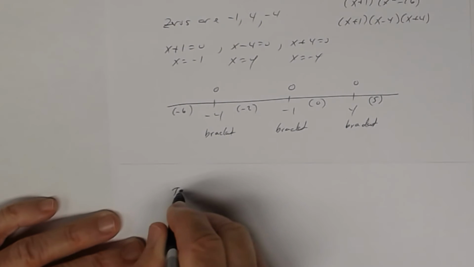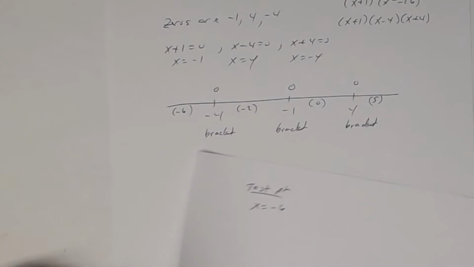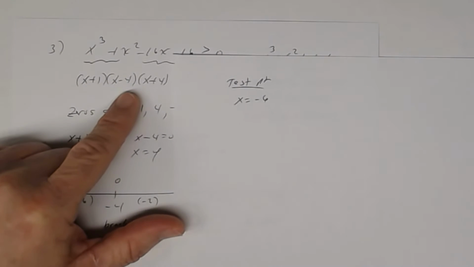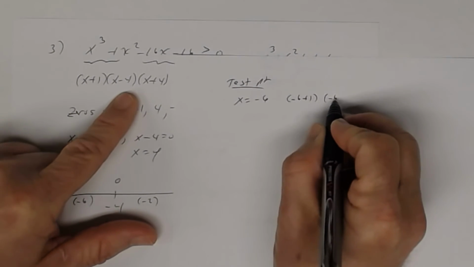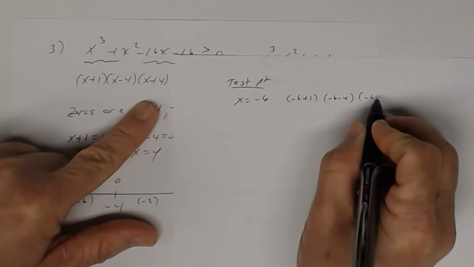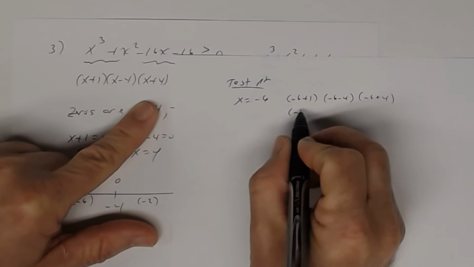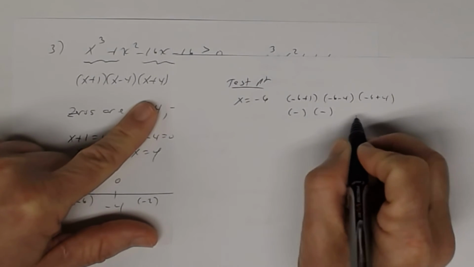So our test point is x equals negative 6, right? If you use the factored part, that's easy. You're going to say negative 6 plus 1 times negative 6 minus 4 times negative 6 plus 4. Negative 6 plus 1 is negative 5, that's negative. Negative 6 minus 4 is negative 10, that's negative.